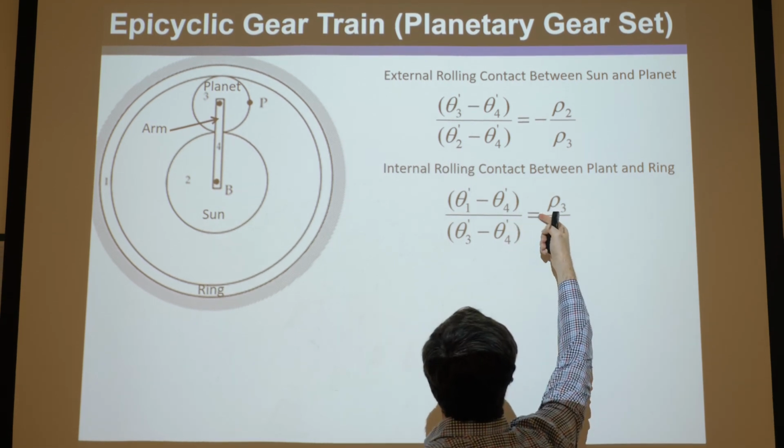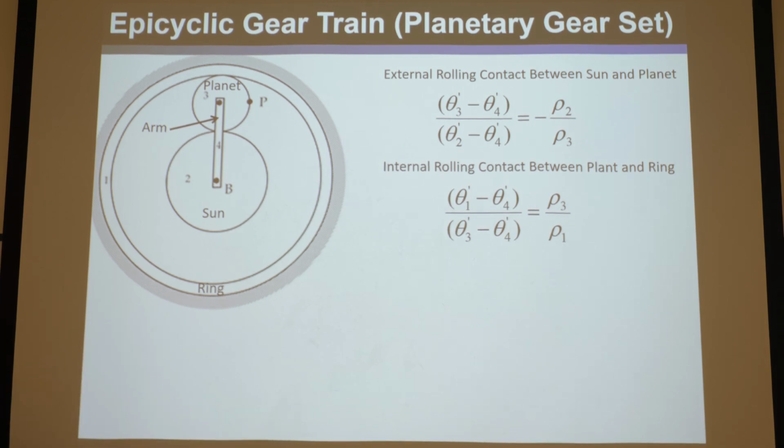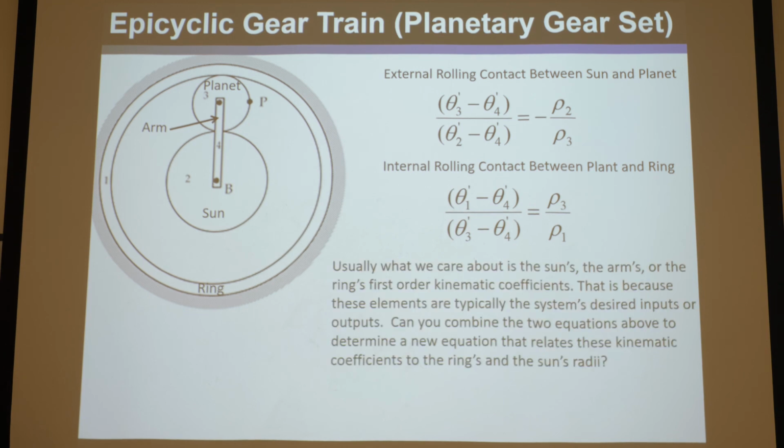Because it's internal, there's a positive sign there, there's no negative sign. Okay, so that's true. So now using these equations, we can massage them to get what we actually want.